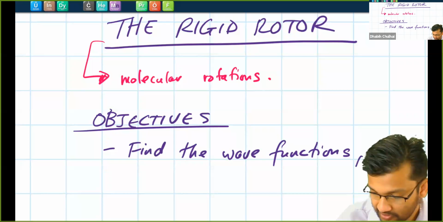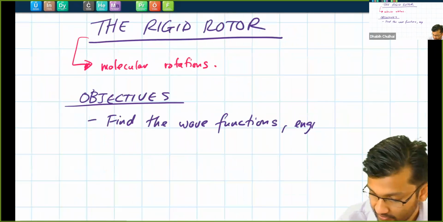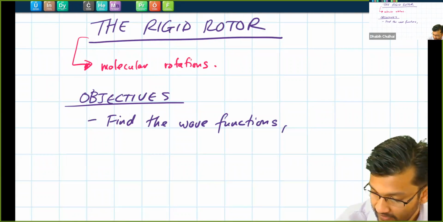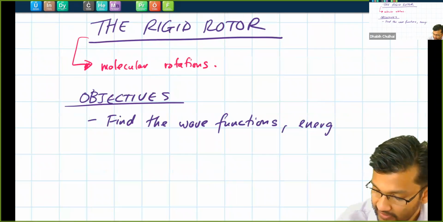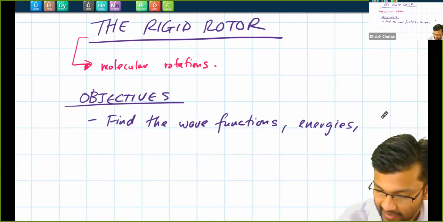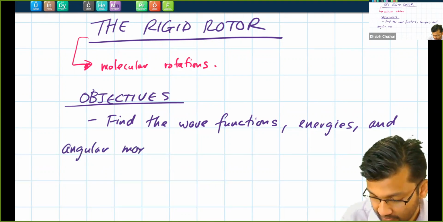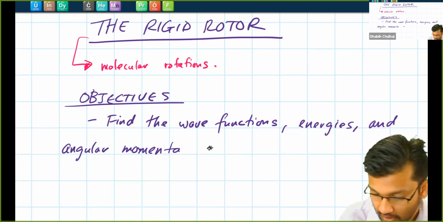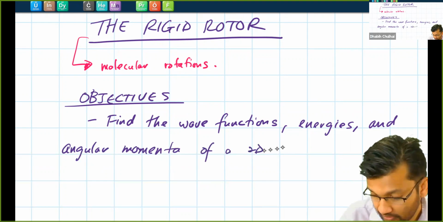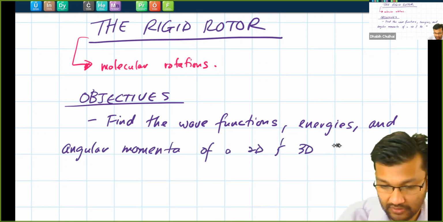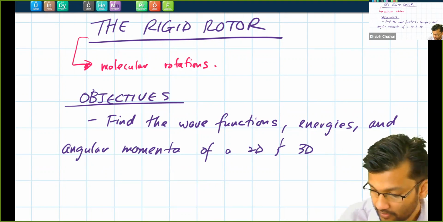Wave functions, energies, and angular momenta, because now we're rotating, so you have an angular momentum, of a 2-dimensional and 3-dimensional rigid rotor.